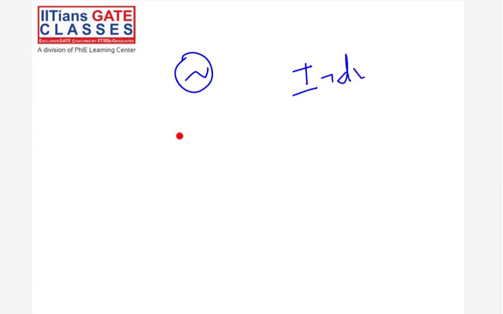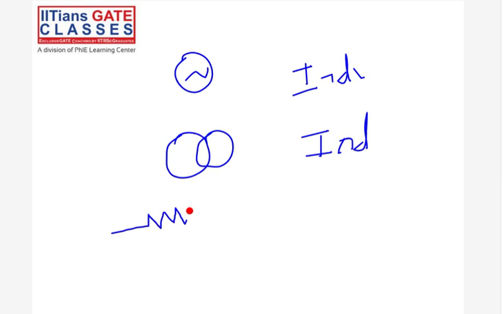Then we have transformers, and transformers are again two coils, and that is also an inductor, right? Then we have the transmission line. The line depends on the line length. It has both inductive as well as capacitive effects, but the capacitive effect is actually very weak, right?